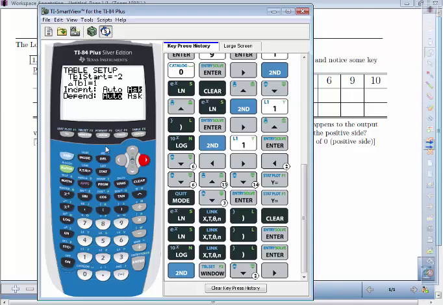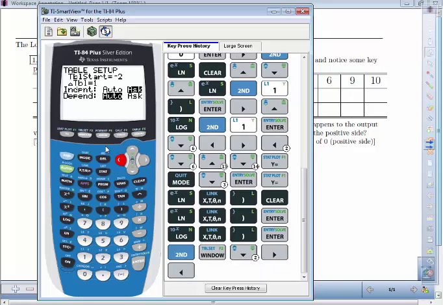So if you click on ask, then you get to put in whatever values you want. If you click on auto, then it's automatically going to set up the table for you, starting in this case at -2 and taking steps of 1. So -2, -1, 0, 1, 2, 3, etc. But if you want control over it, you would click on ask. And then the dependent is going to be automatic based on the functions that you have.